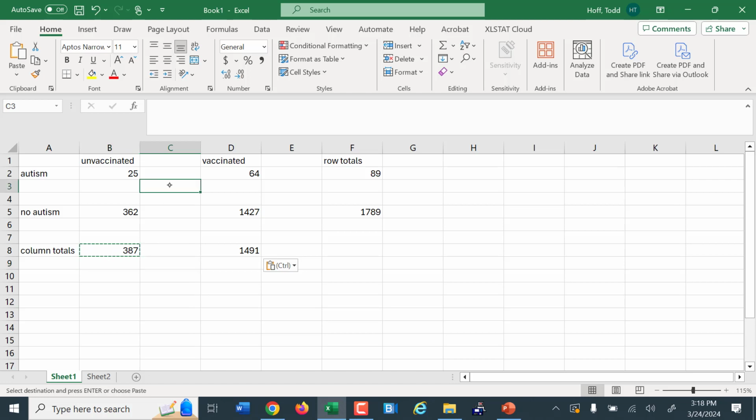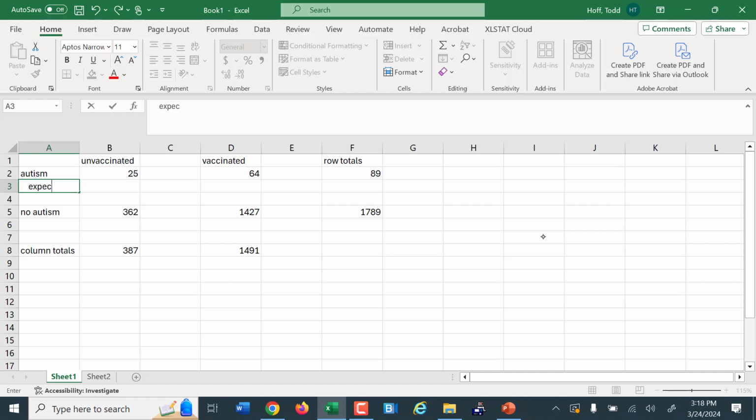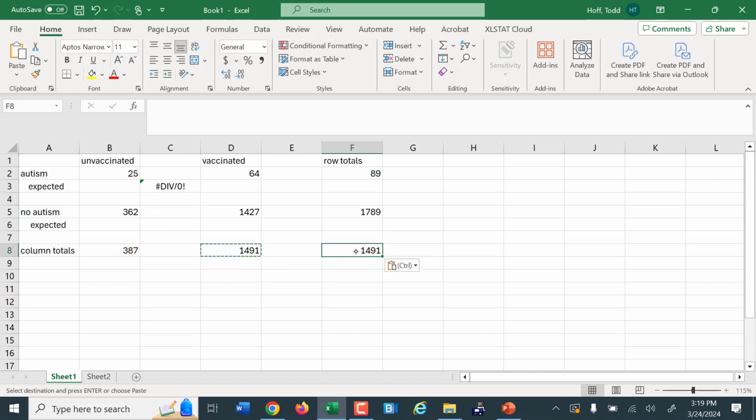Now to find the expected value, I'm going to put that right here. For each of these, the expected for the unvaccinated would equal row total times column total divided by grand total. I've got to put the grand total in here yet. There we go.